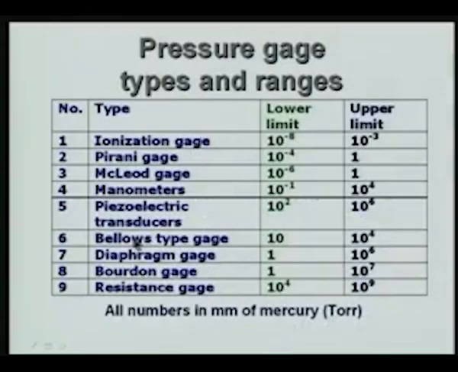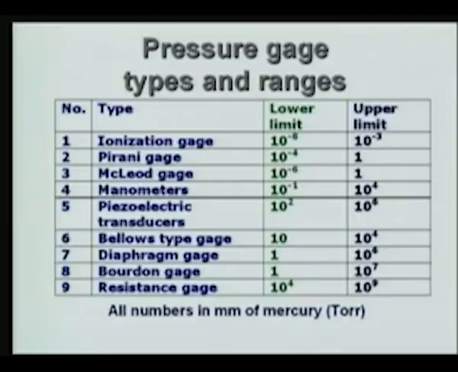Diaphragm gauge, in fact, the bellows and the diaphragm gauge are basically similar, because both of them work on the principle that the pressure is converted to a displacement. The way it is done is slightly different. In the case of a diaphragm gauge, we have a diaphragm which is a circular membrane. The pressure difference acts across the two sides, and the membrane is going to undergo a change in shape, and this change in shape is in terms of a displacement, and the displacement can be measured either directly as a displacement, or it can be converted to electrical signal by making it part of a capacitance.